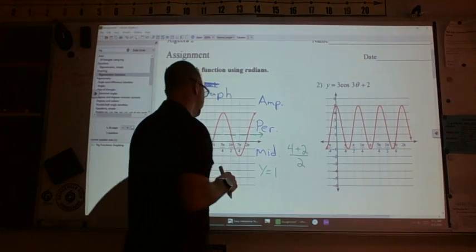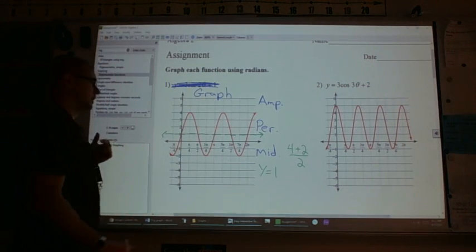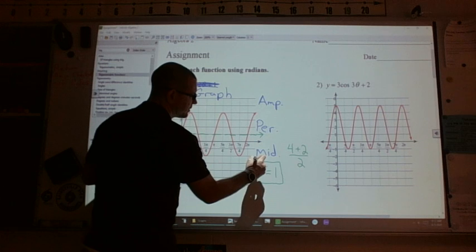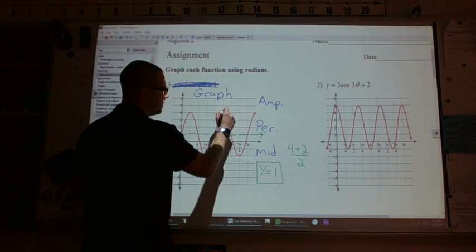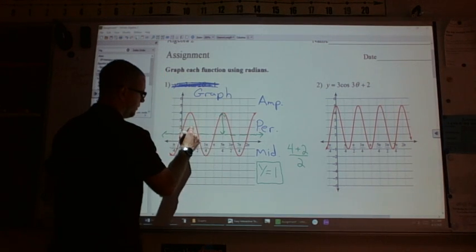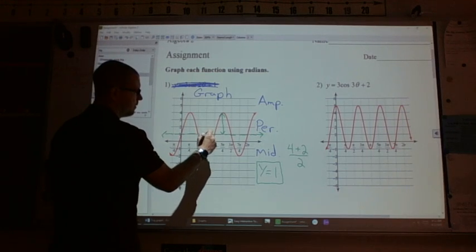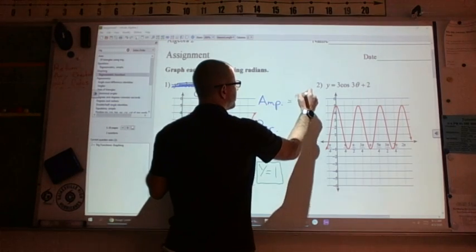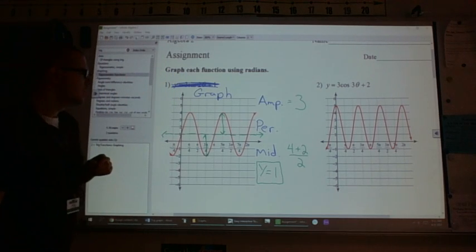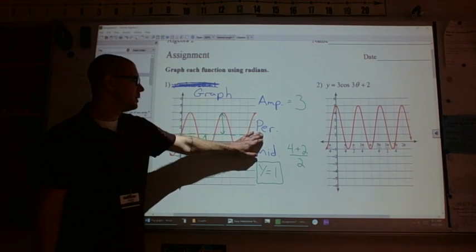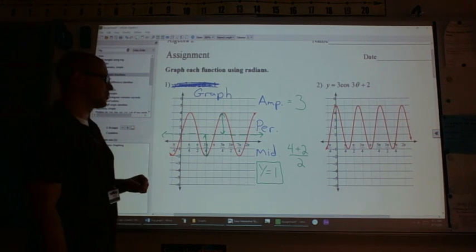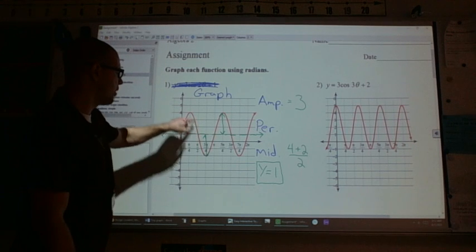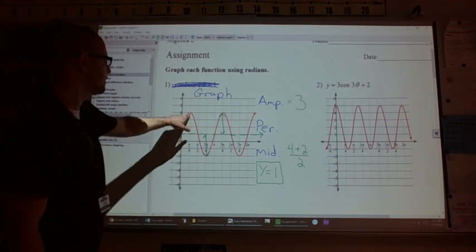Or amplitude. Let's do amplitude next. Amplitude is the rise and fall of the graph from the midline, from that equilibrium. And here we can see the amplitude would be 3. So the amplitude is 3. And the period, our last measure, is how long it takes the graph to repeat. So I'm going to pick a point. Again, I want to pick the one that's easiest to work with, so I don't want to pick that point there, but rather probably one of these tops or bottoms. So I'm going to pick this one.